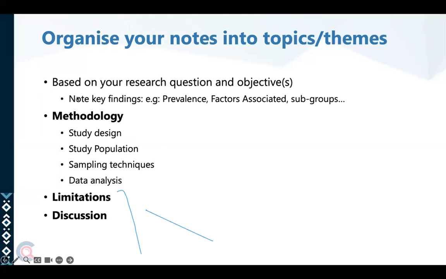So you copy the text or you write your own notes on the different study designs that have been used. In the limitation section, you can put together all the different things that have been highlighted across the different papers as limitations. And in discussions, you can see how they discuss their results and how they propose better ways. Because sometimes in the discussion section, someone highlights better ways or recommendations for future research, which will help you address your gaps.